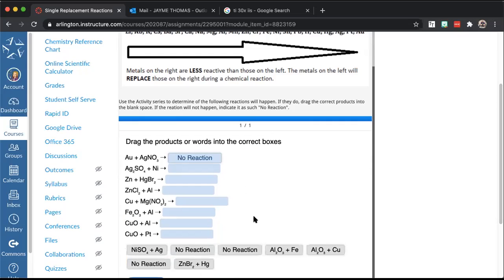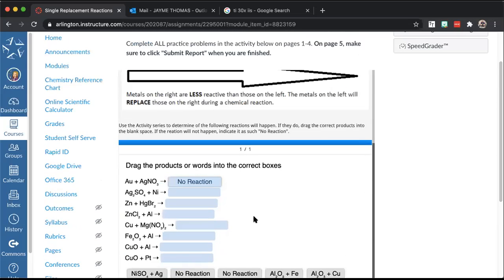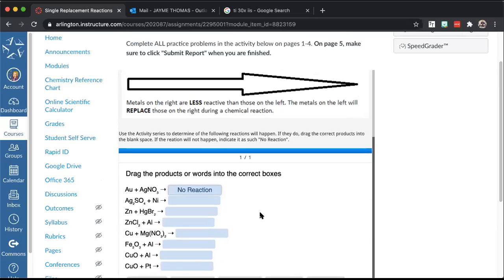When you look down here, there are going to be options. It's going to be kind of obvious which one it is, okay? Not all the problems have nickel and silver and sulfate. But if you want to practice so that you can do your best on your test, what I would do, before you look at the options in the boxes, is try to write it out yourself: nickel, Ni, with SO4, sulfate. Look up their charges and try to do it yourself.